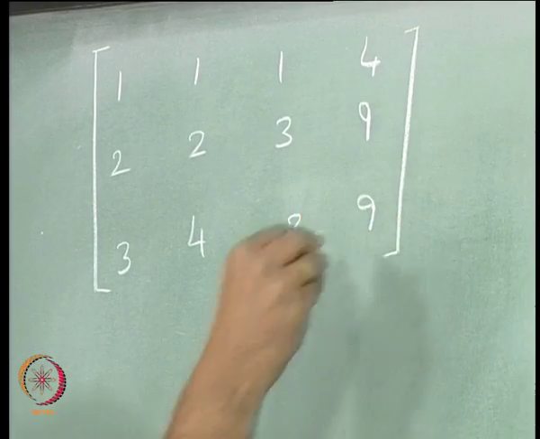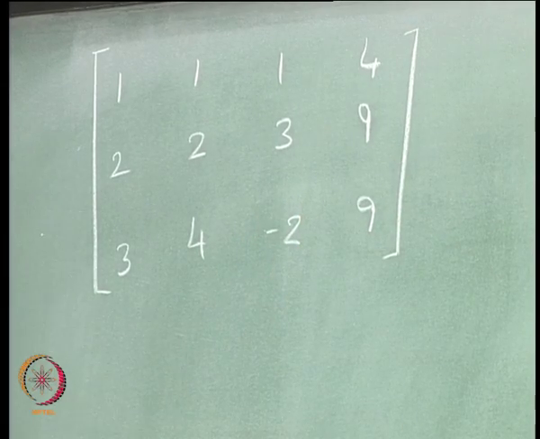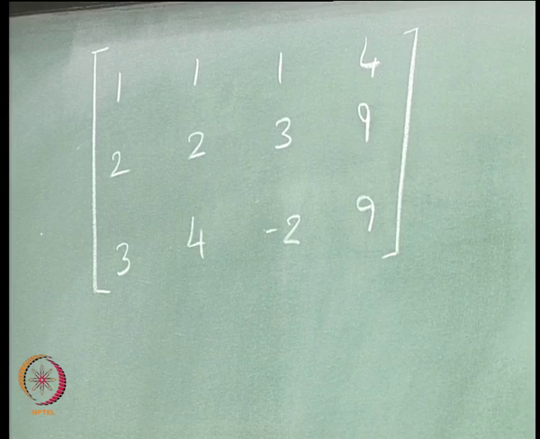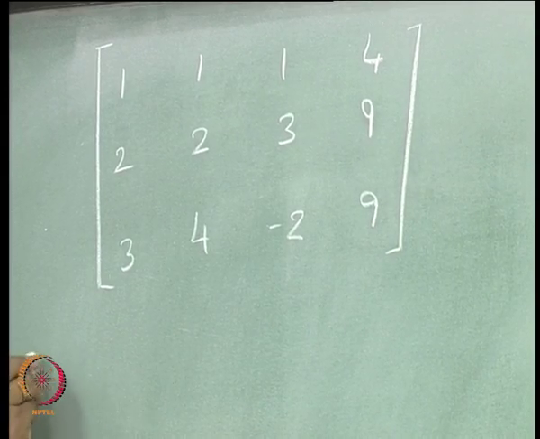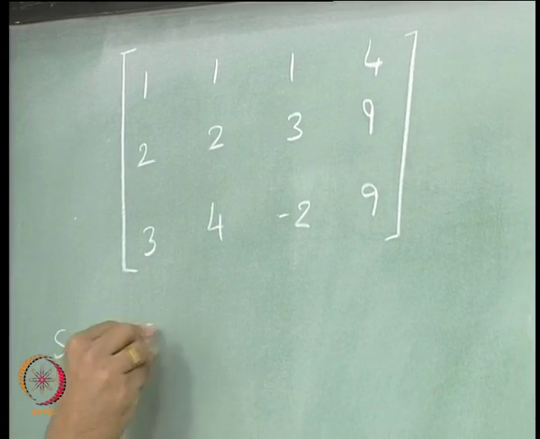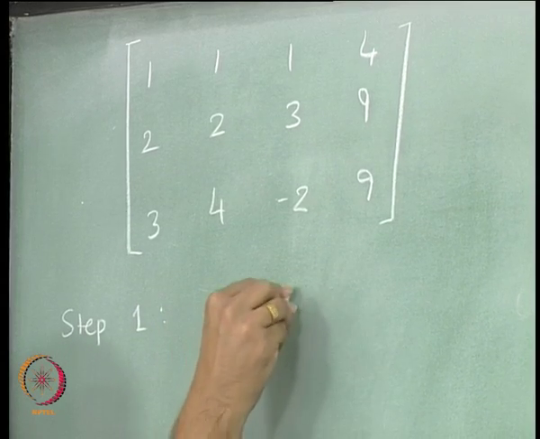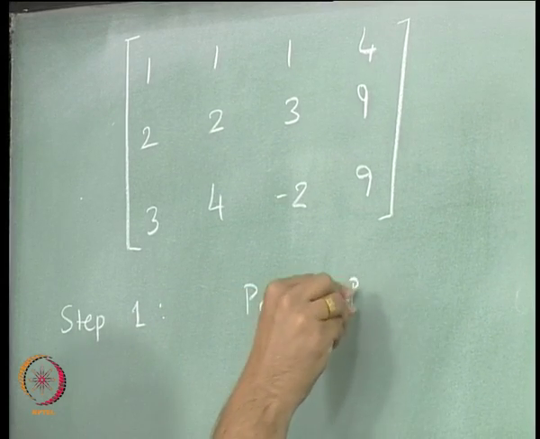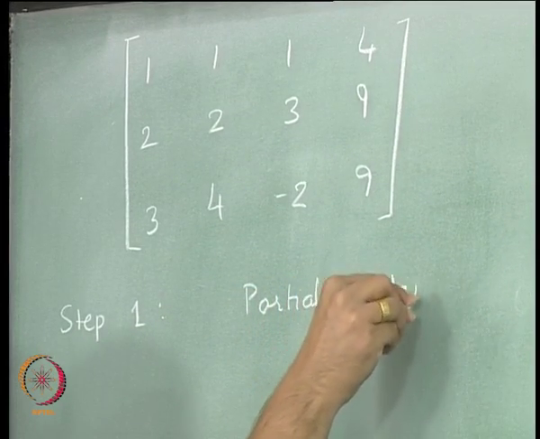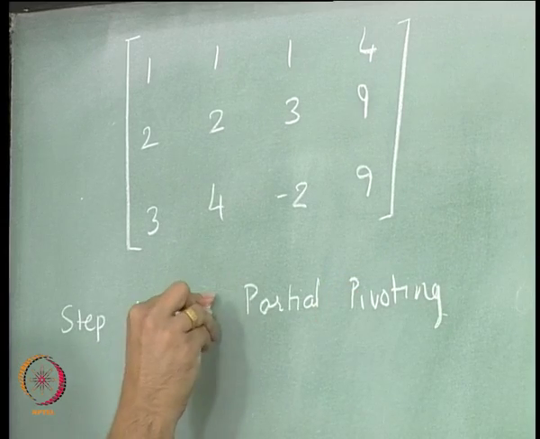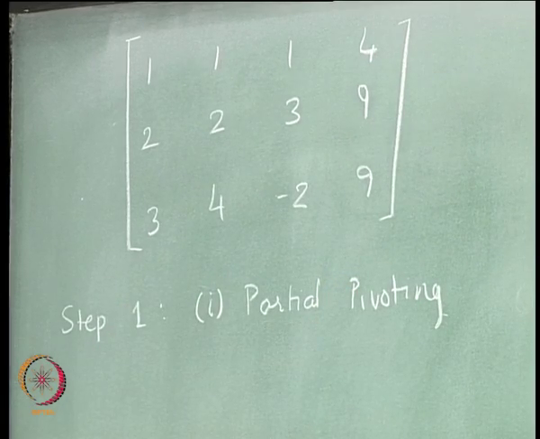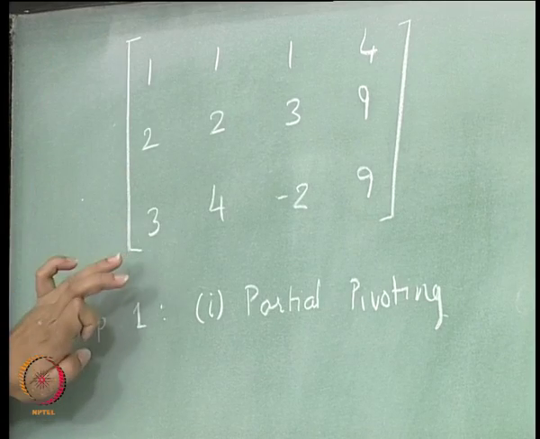So, this is our A comma B matrix, and our step 1 is partial pivoting. And in partial pivoting we will look at the first column.